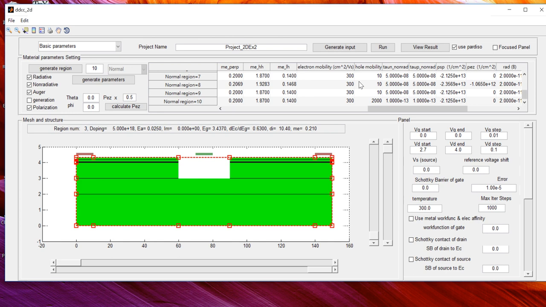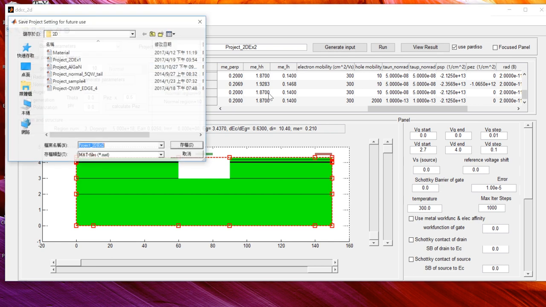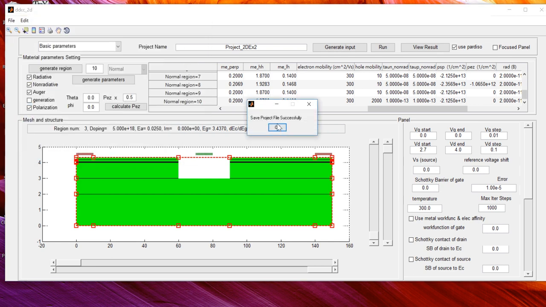OJ depends on what OJ you finally decided. Otherwise, effective mass should be fine, and dielectric constant you don't need to change. So the most important are mobility and the non-radiative lifetime tau. Okay, if everything is okay, save project 2 and we can run another case.